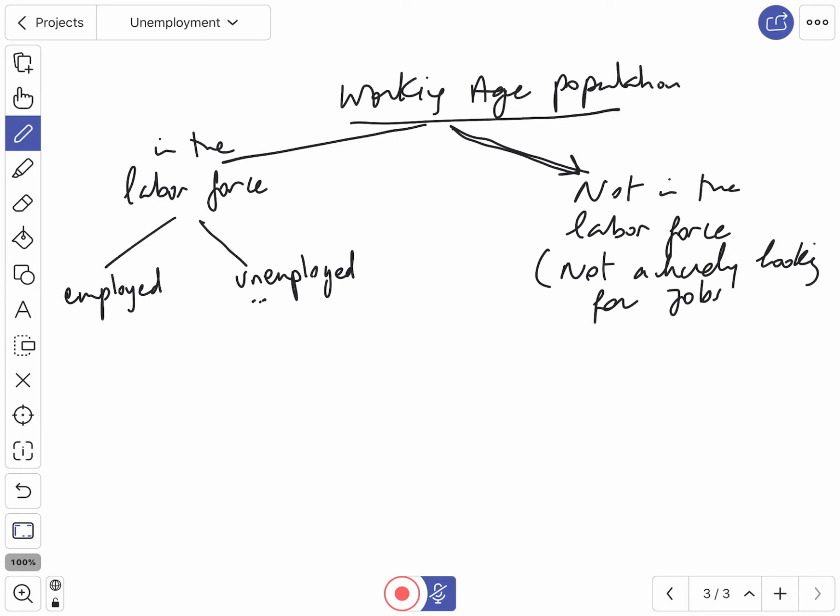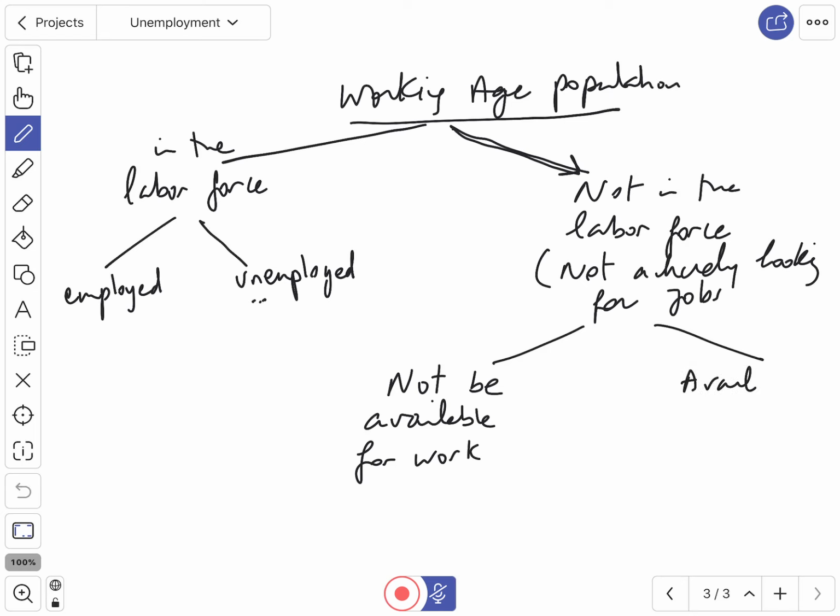And you're not actively looking for jobs because of one of two possibilities: you might not be available for work, or you are available for work but not currently working. So whether you're here or there, you're not in the labor force.